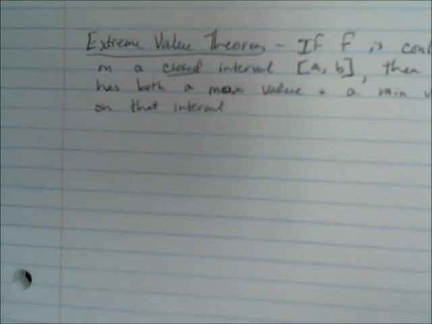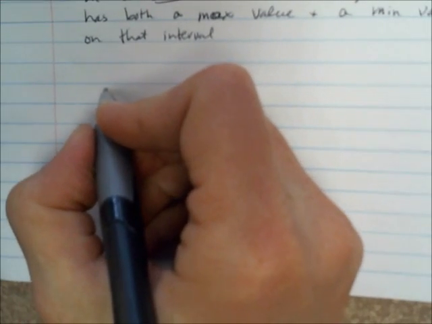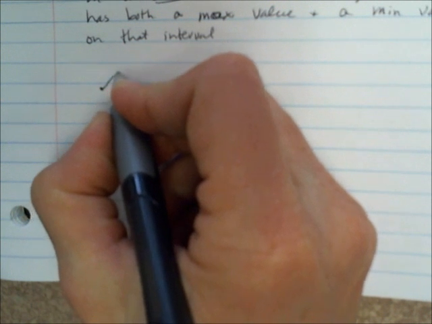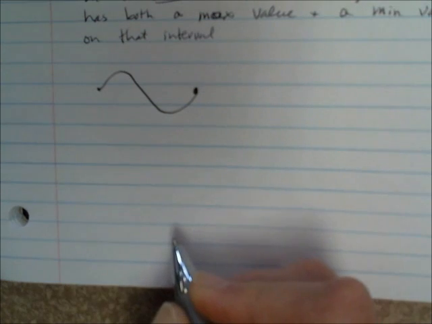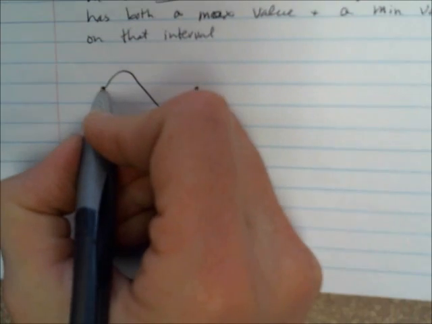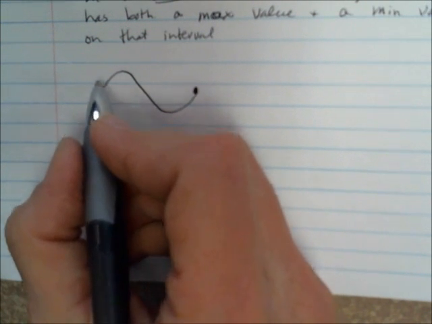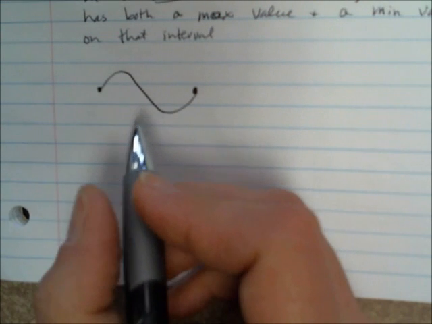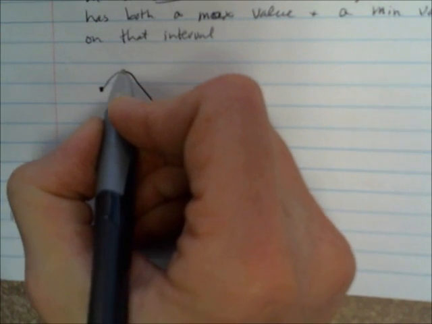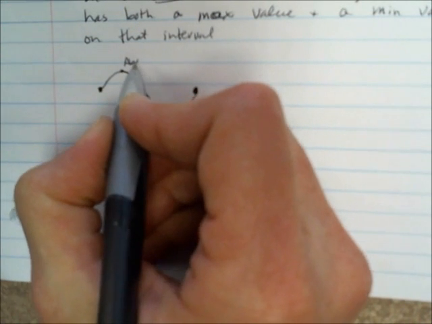All right, let's take a look at some other graphs here. Let's take a look at a graph that might be a cubic graph here. Let's say we have a closed interval from here to here, from a to b. All right, because we have this closed interval, we have an absolute max and an absolute min, and they occur at the interior points. So right here, here's the absolute max. This is kind of a repeat from the other one, but this is really pretty important.